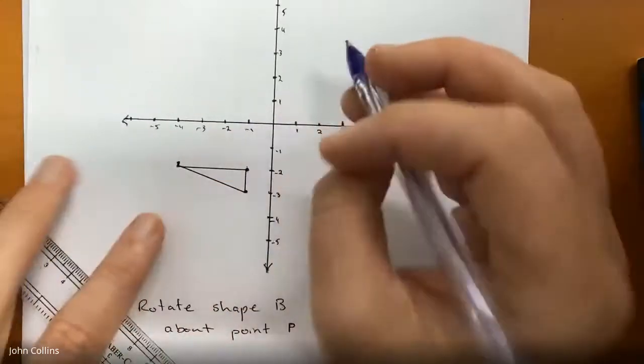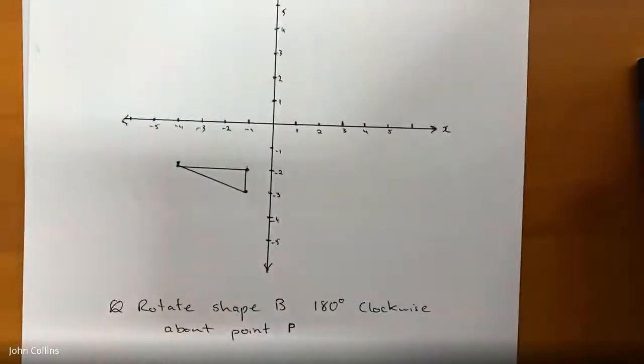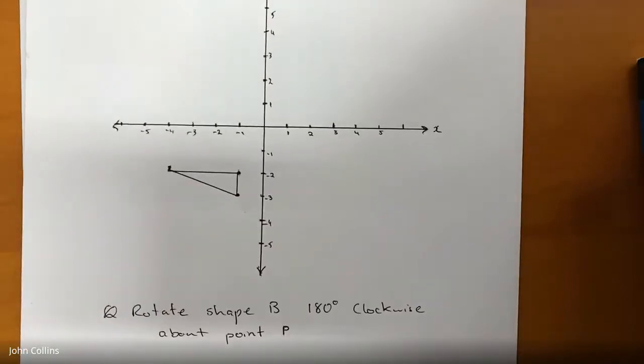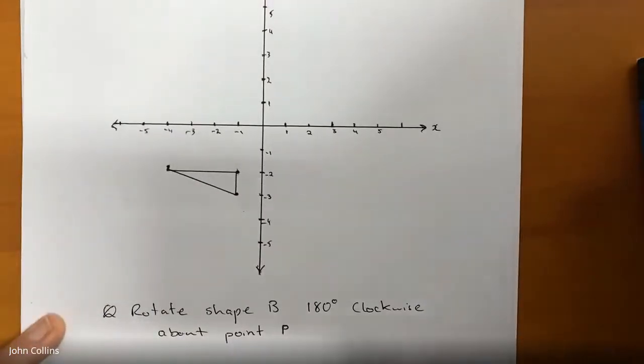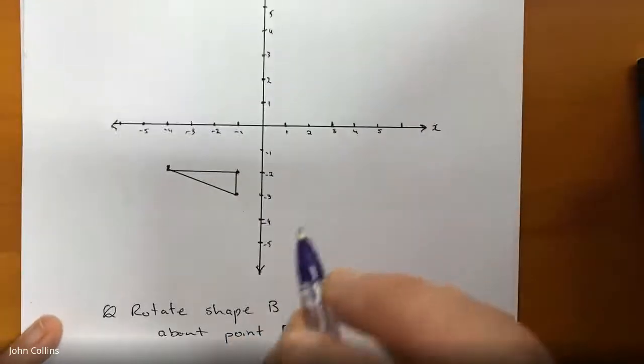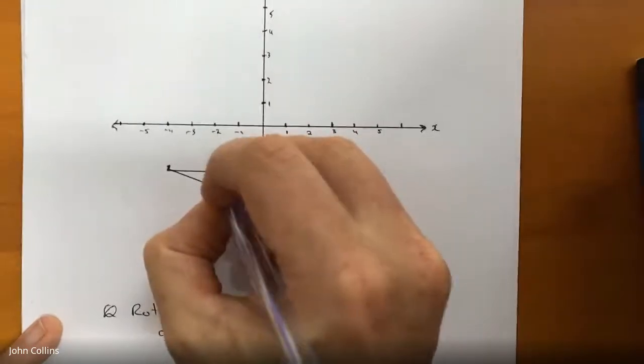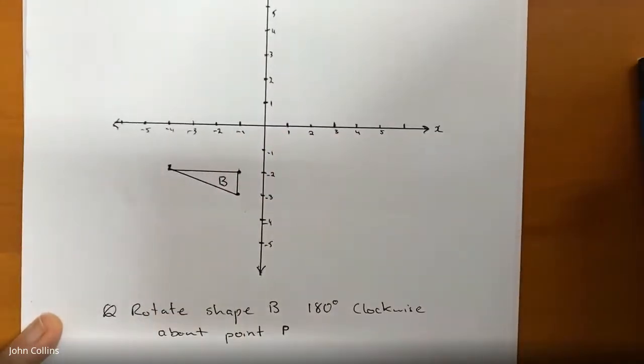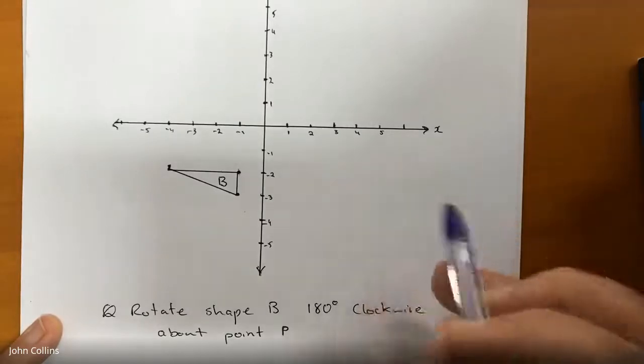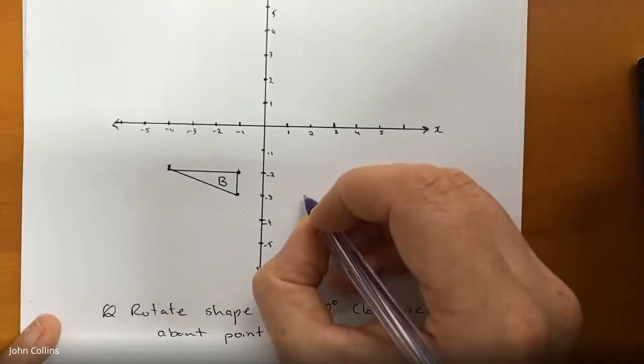So for all these demonstrations, I use triangles, but of course, any shape can be rotated, any shape can be translated, any shape can be enlarged, etc. So we had a little look at that yesterday. All right, so this is shape B. Point P then, I'm going to put at -1, -1. No, sorry, that's the wrong place.